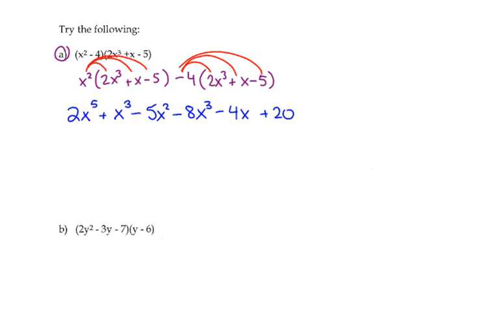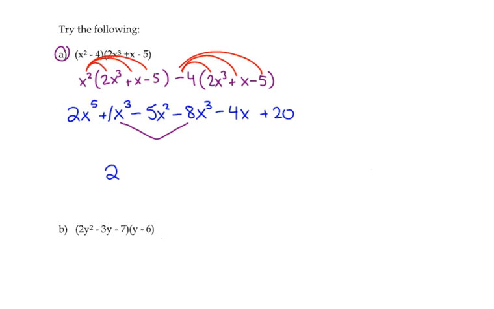Okay, like terms. Where do we have like terms? Great, the x cubes. No x squared, just the x cubed. So, what's the coefficient for x cubed if you don't see it? 1.